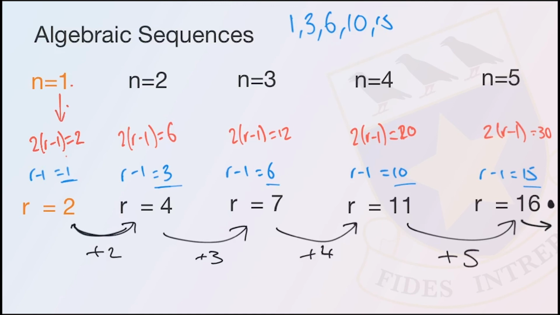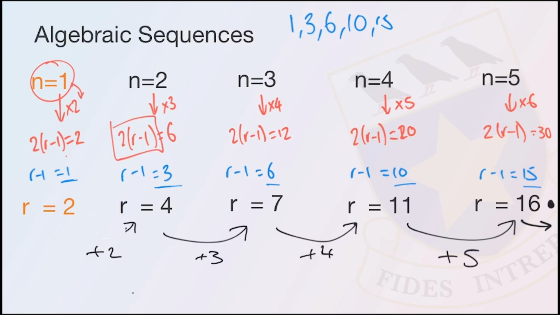So here we have to multiply by 2. Here we're multiplying by 3, multiplying by 4, multiplying by 5, and multiplying by 6. The relationship this time is not the number of lines multiplied by 1 less than that number, but actually it's 1 more than that number.